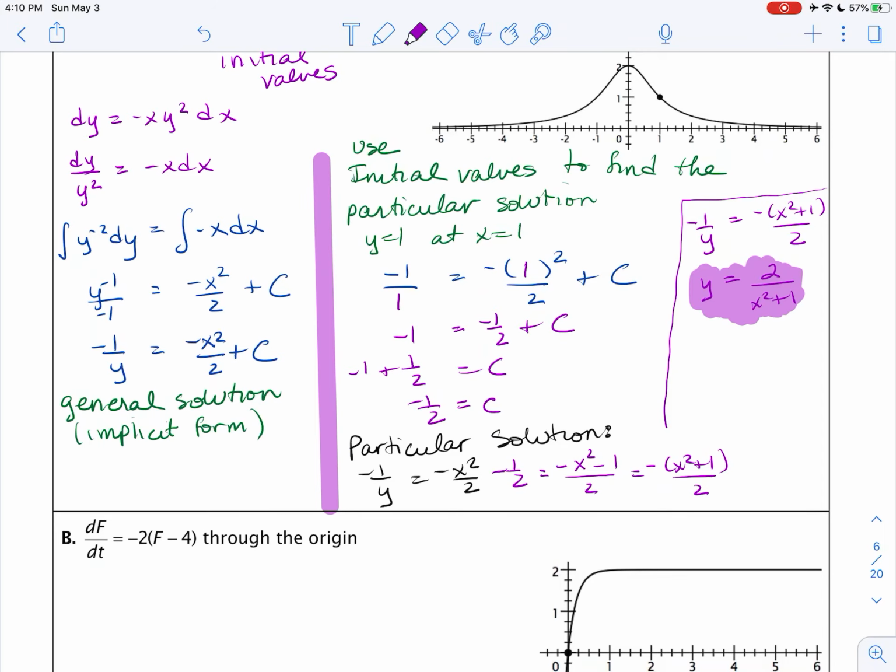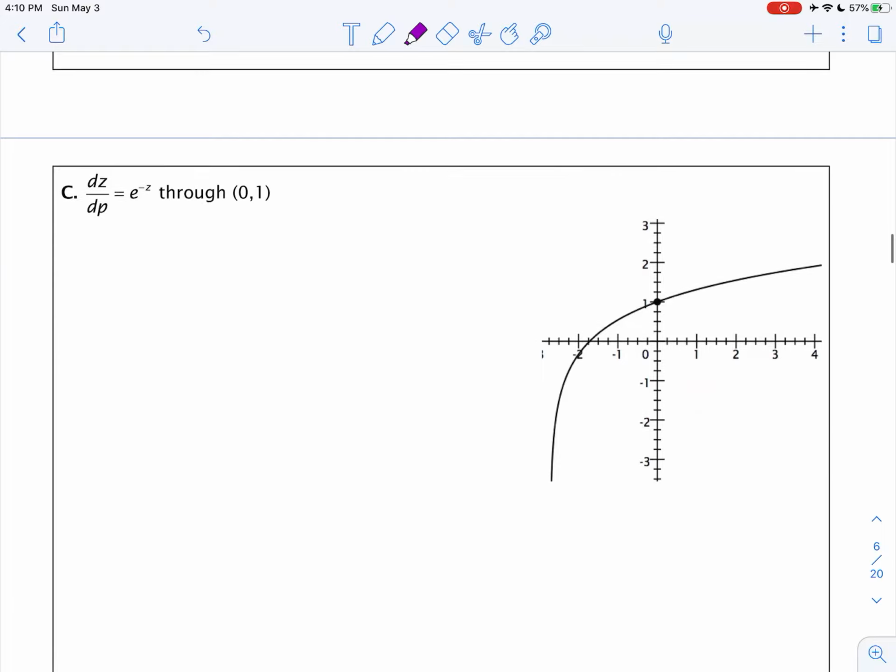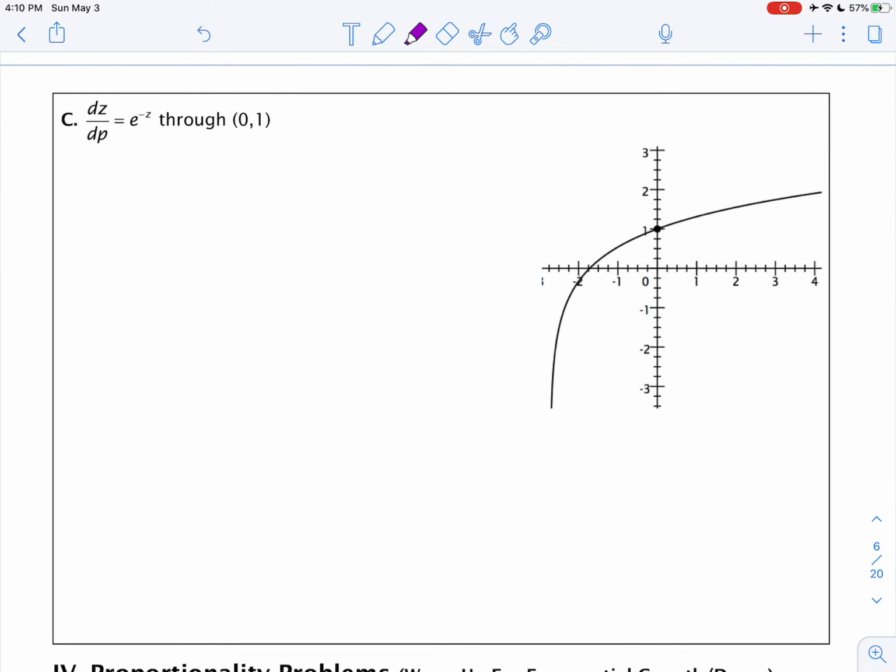Good. All right. So I'm going to skip ahead and let's do one involving e to the minus z. And this one is through the point 0, 1, and this is our initial value. Notice here that this is dz/dp, and it's kind of like the dy/dx.